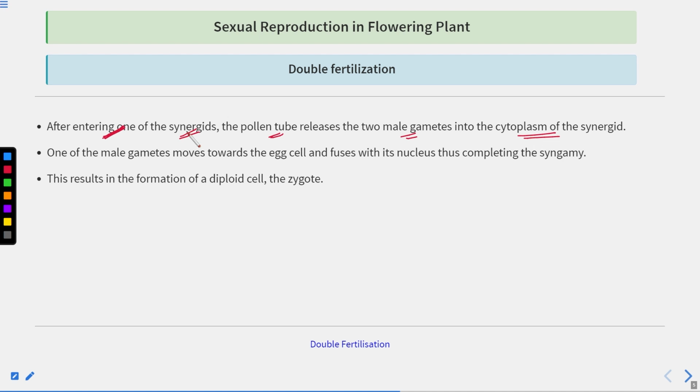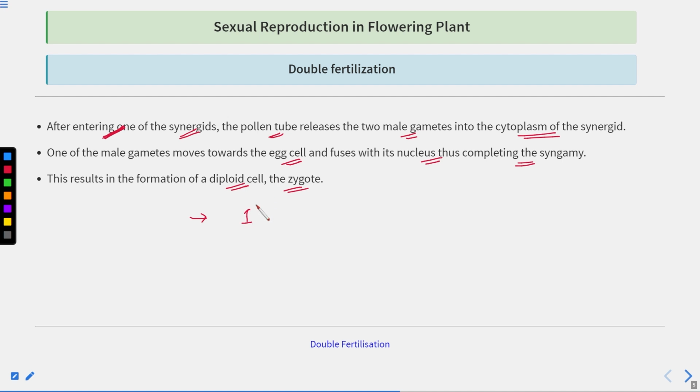Now one of the male gametes moves towards the egg cell and fuses with the nucleus, and this is known as syngamy, and this results in the formation of the diploid cell known as the zygote. Clear? So what is happening here? There are 2 male gametes.